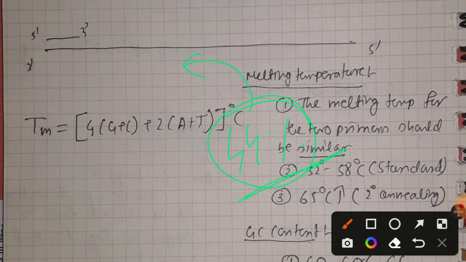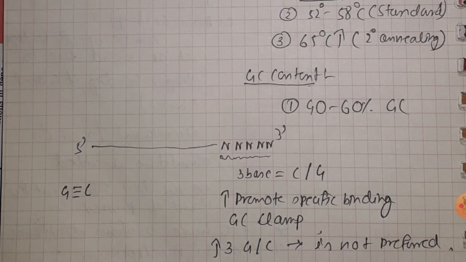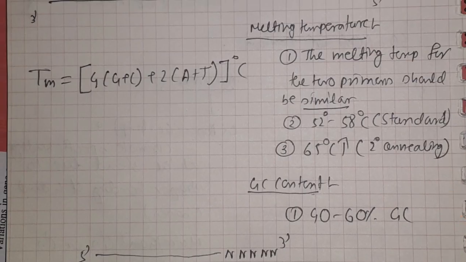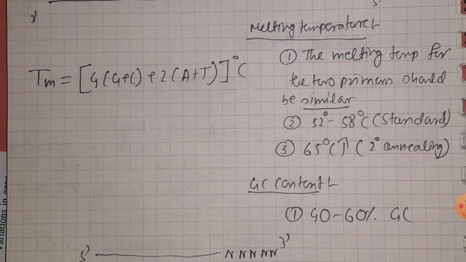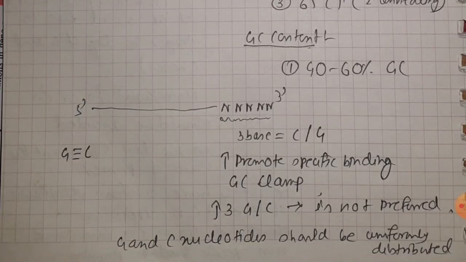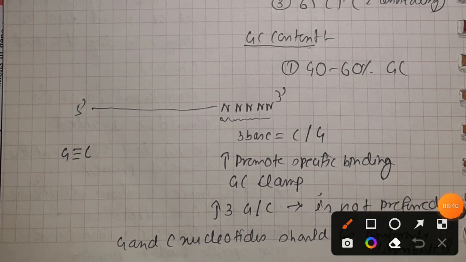So that is quite acceptable. Still, as we have taken 44% GC content, it gives us a melting temperature of 26 degree centigrade. And remember, as we have taken 9 nucleotides only, it also reflects in its melting temperature. That is why the length of the primer will also play an important role. We will discuss this. So I have told you that 40 to 60% of the GC content is preferable.